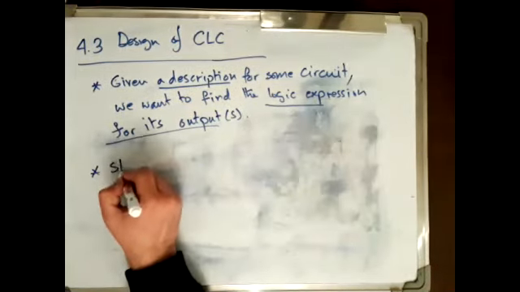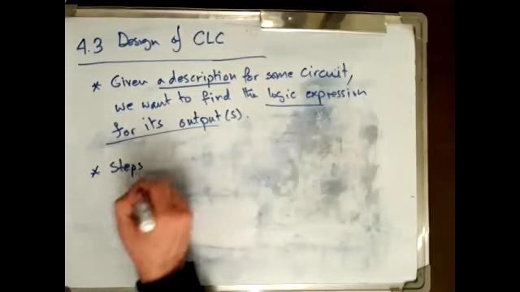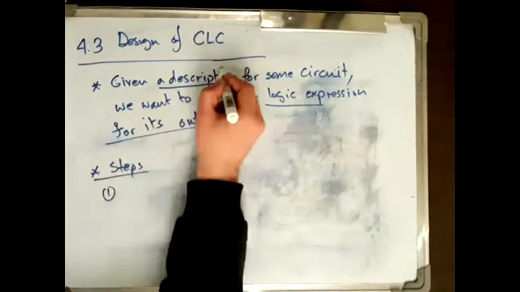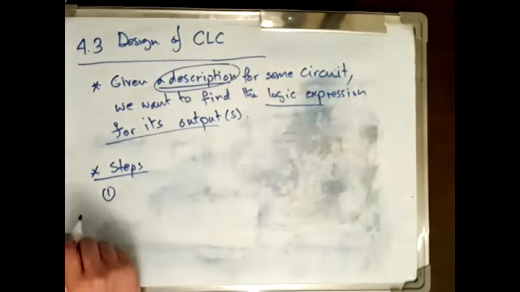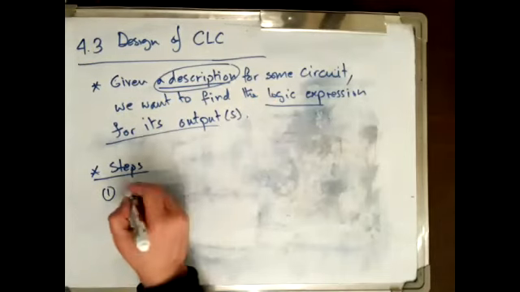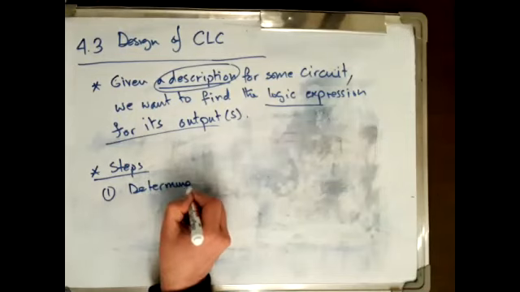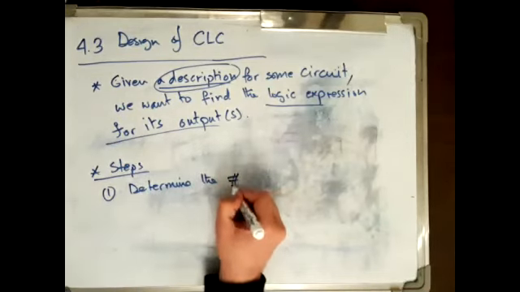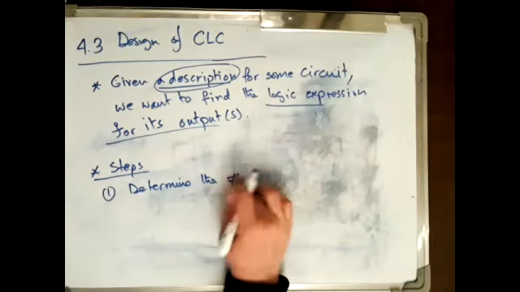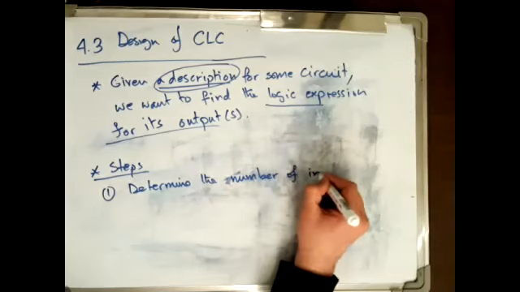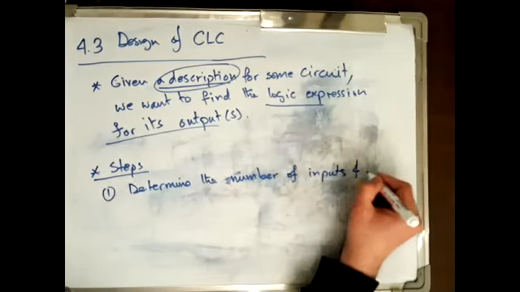So usually there are simple steps to do that. The first thing is basically to understand the description of the circuit in order to determine the number of inputs and outputs.